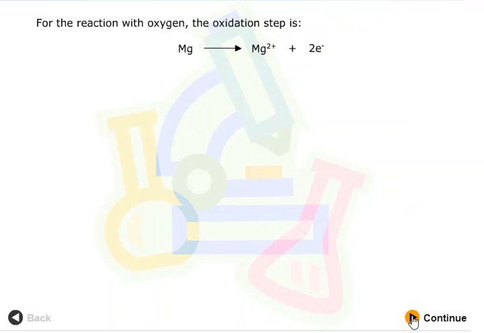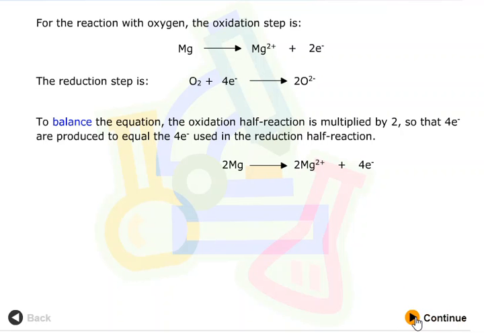From the reaction with oxygen, the oxidation step is this: magnesium turns into magnesium 2+ plus 2 electrons. The reduction step is O2 plus 4 electrons to form 2O2-. To balance, the oxidation half reaction is multiplied by 2 so that 4 electrons are produced to equal the 4 electrons used in the reduction half reaction.